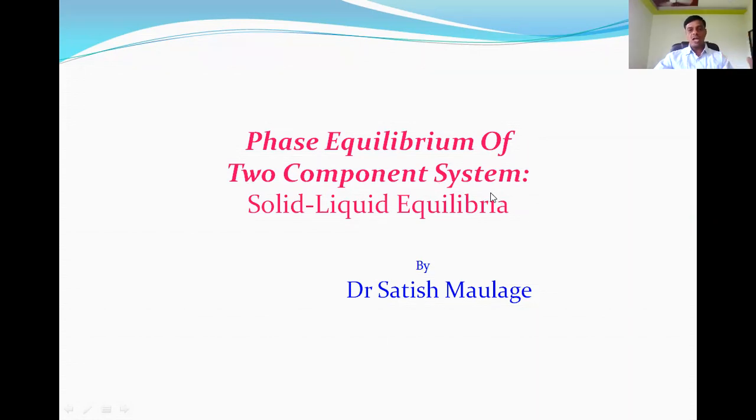Vapor phase does not exist, or we can say it exists to a very small extent. So ultimately we can say vapor phase does not exist in two component systems. Lead silver system is an example of two component system.